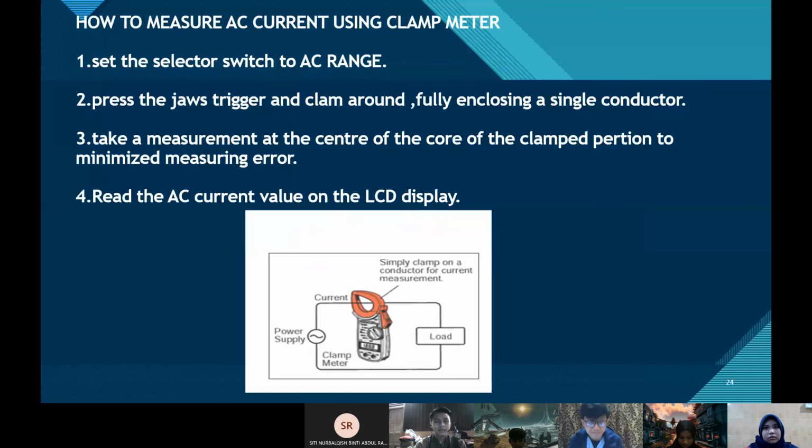And fourth, read the AC current value on the LCD display. In the diagram below, simply clamp the conductor for current measurement, current for supply, clamp meters for loads.